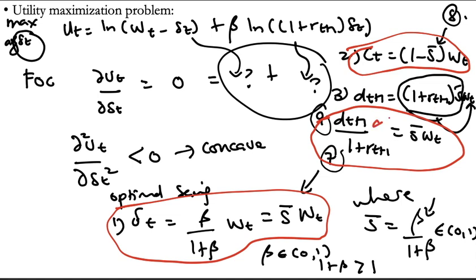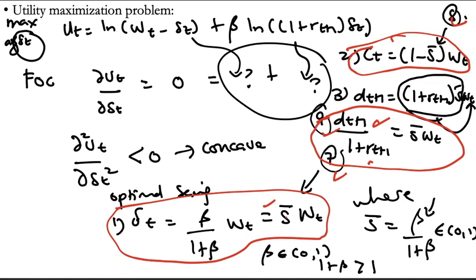Now, here, all the values are in present value terms. That's why I write it this way, cross multiply, because I want to write it in present value terms. Now, according to equations 7, 8, and 9 here, households will optimally save a fraction of what?